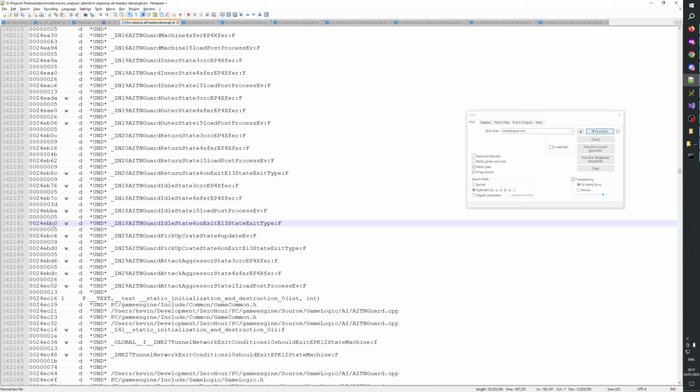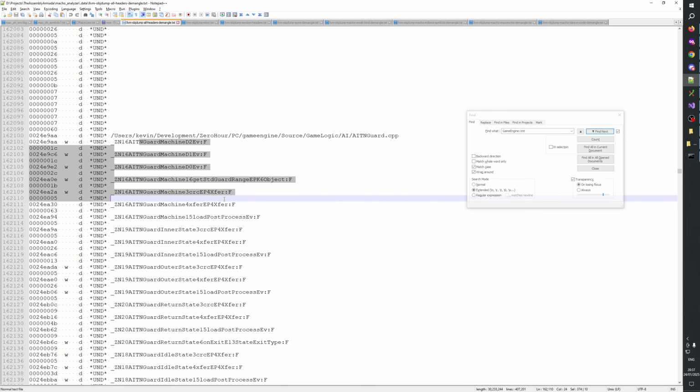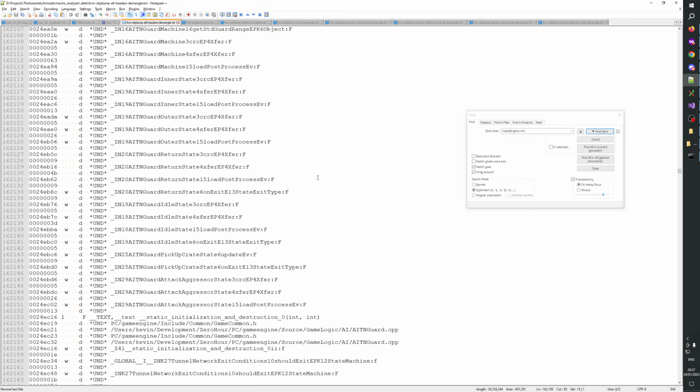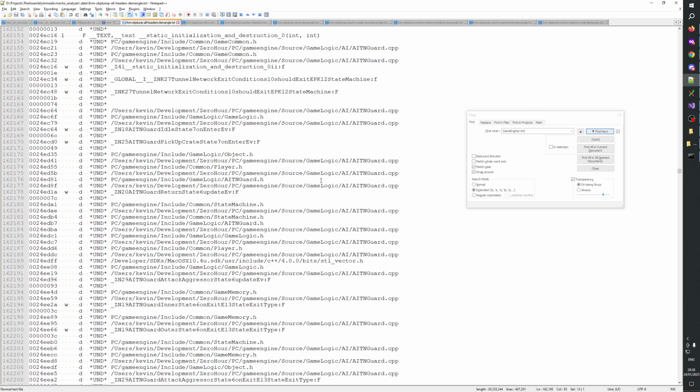Here we have some functions. So here we have IETN guards, guard machine, and I guess all these functions here belong to this one thing. Man, how does this work?